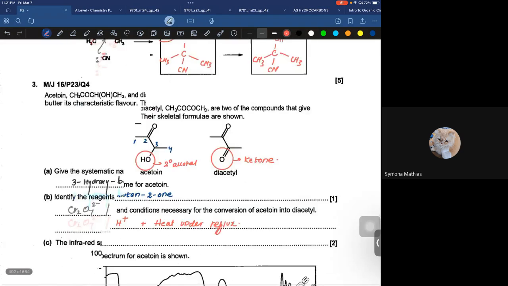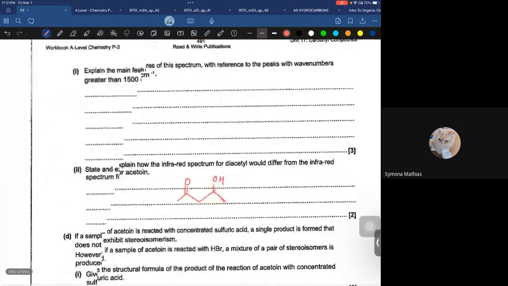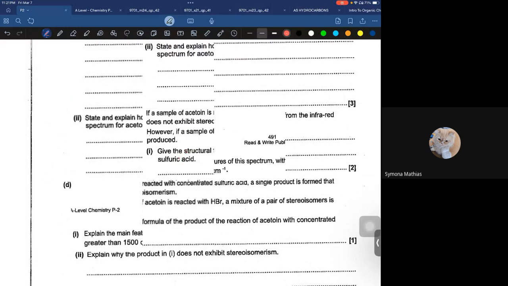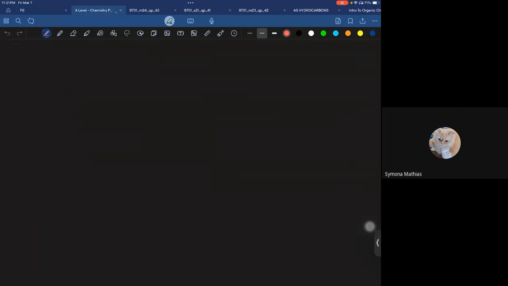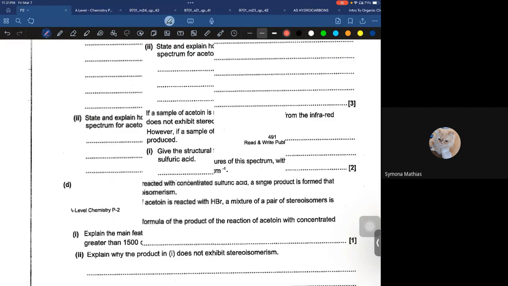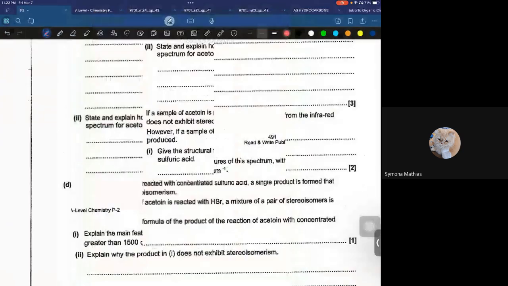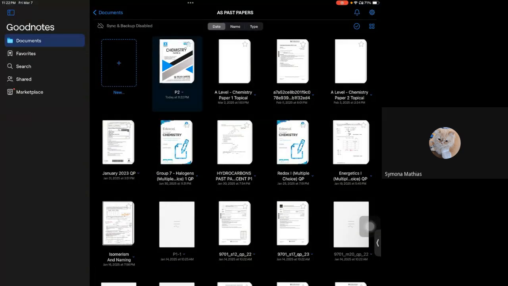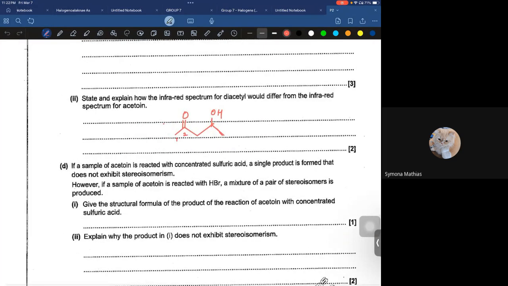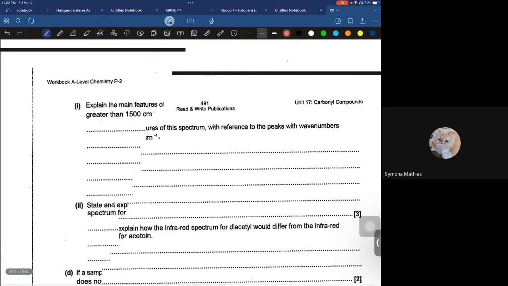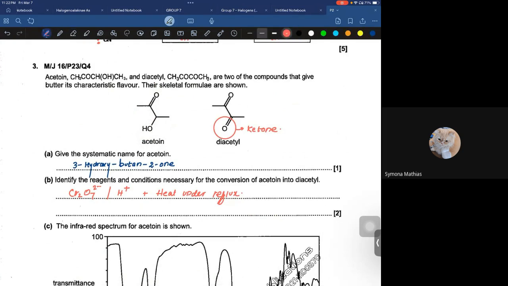This was the compound, right? 3-hydroxybutan-2-one. Okay, let me just tell you from here. See this. This is your carbon, having three hydrogen atoms, and this is your one hydrogen.